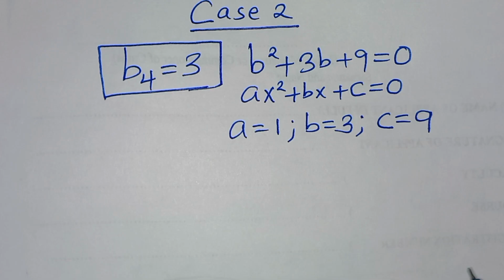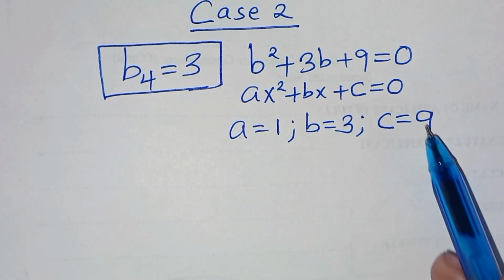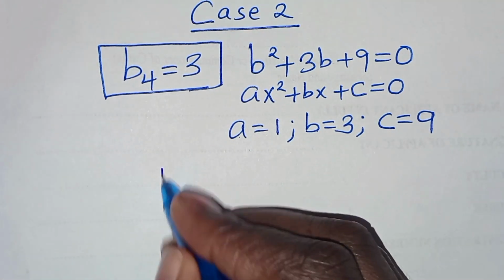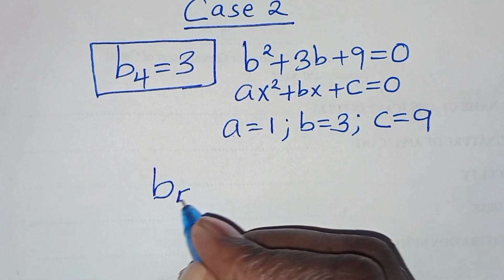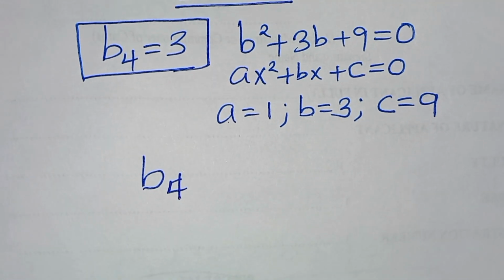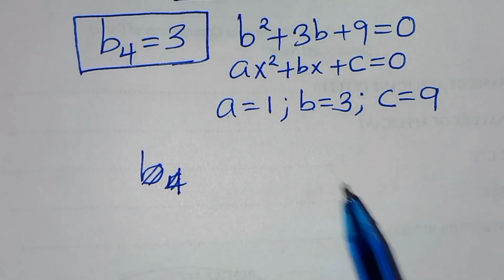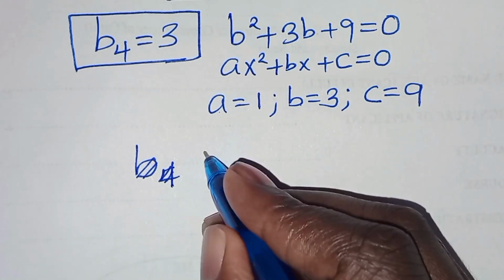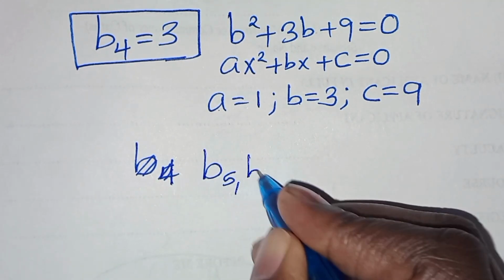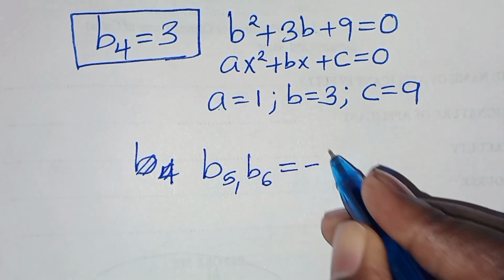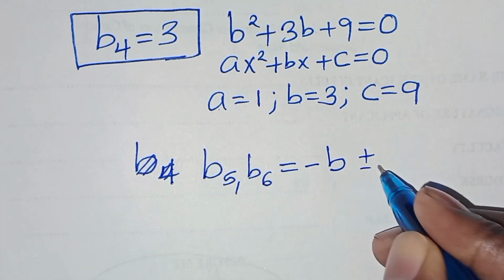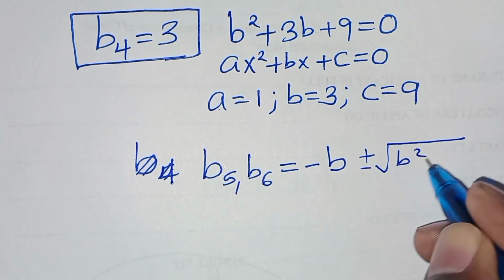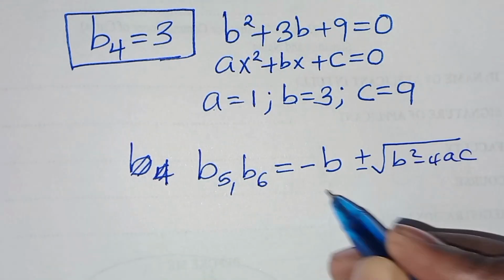Now, substituting the values of a, b, and c, we'll have b5, b6. We apply the quadratic formula, that's minus b plus or minus the square root of b squared minus 4 times a times c, divided by 2 times a.